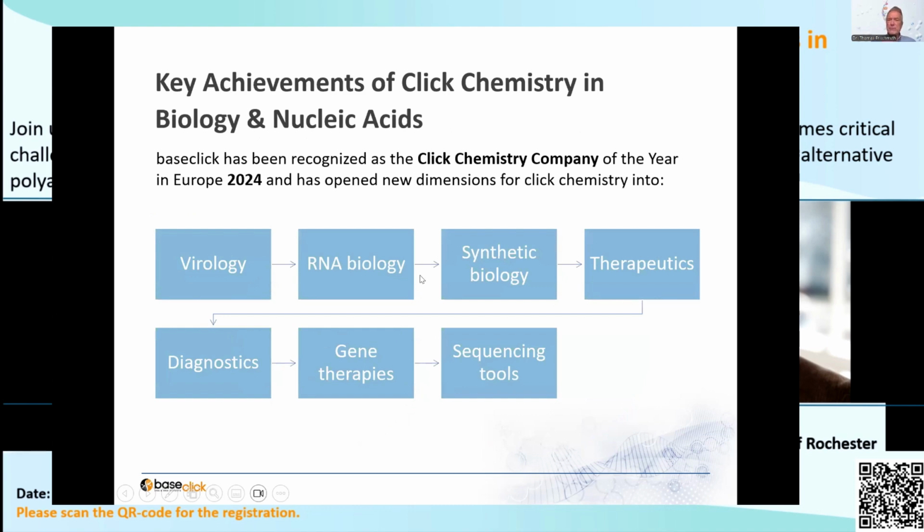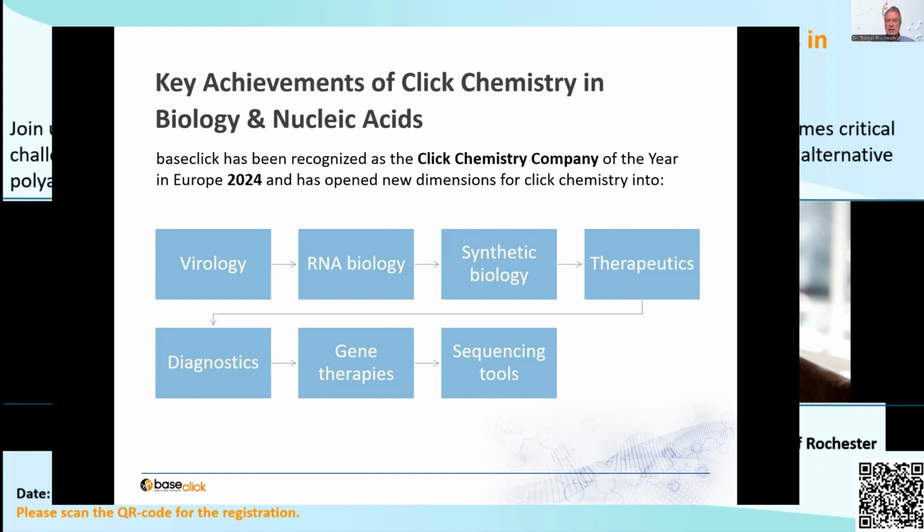At baseclick, we developed a lot of methods and technologies using this click chemistry to conjugate nucleic acids with all kinds of different chemical moieties, but also biological moieties such as peptides, proteins, and others.